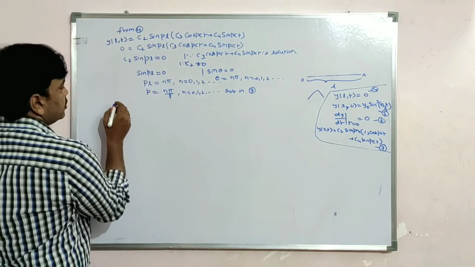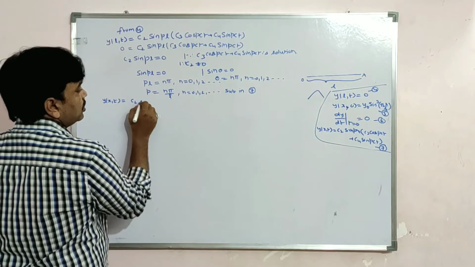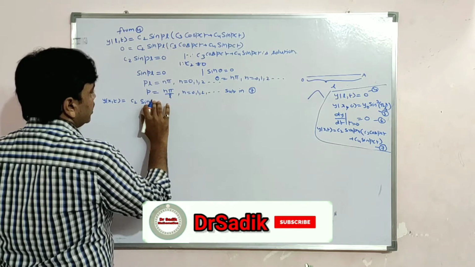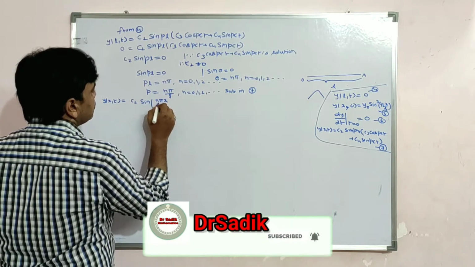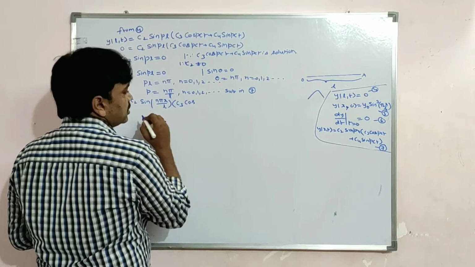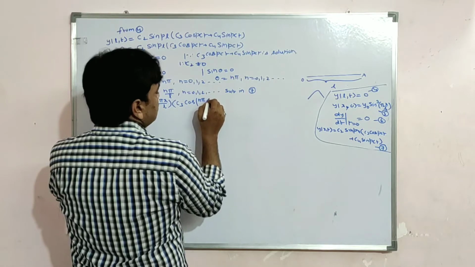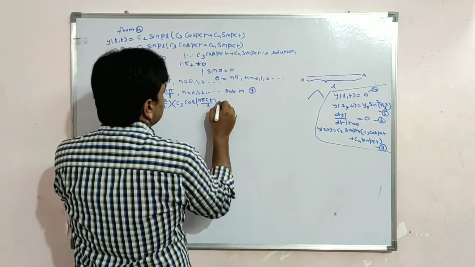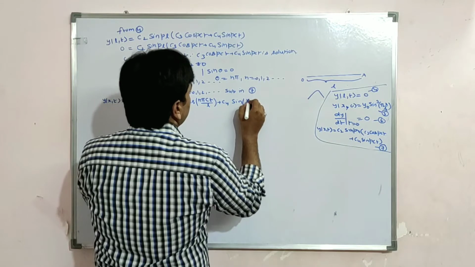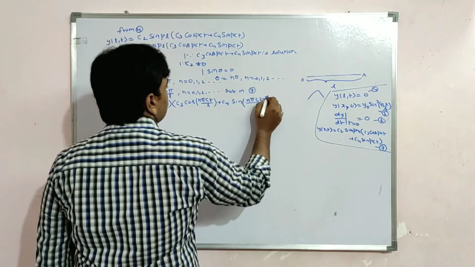Therefore y of x comma t is equal to C2 sin, the p value, students, is n pi by L, so n pi x by L, into C3 cos, again we have p, so the p value is n pi, so n pi ct by L, bracket close, plus C4 into again sin p, so n pi ct by L, bracket close, again bracket close.